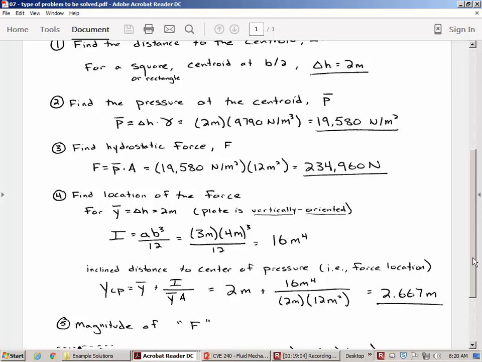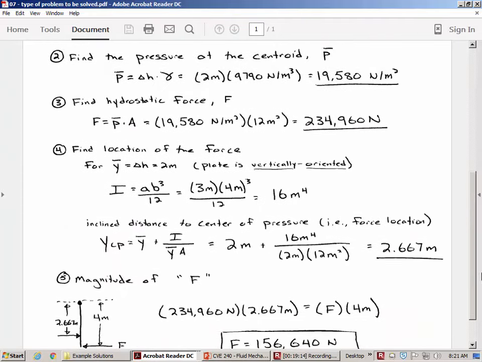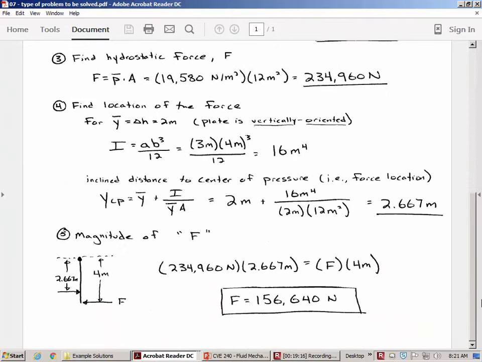So now we know the magnitude of the hydrostatic force, the location of the hydrostatic force, and if we want to know how big is F that's resisting that hydrostatic force, the last thing we do is a moment analysis. And so here I'm saying, here's the hydrostatic force acting at 2.667 meters down from the edge of the hinge, because the hinge is at the water surface.